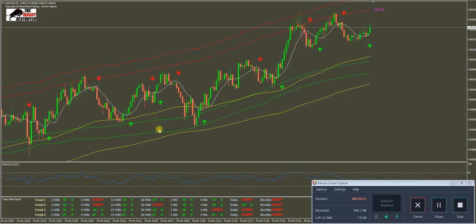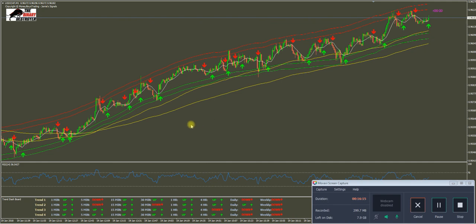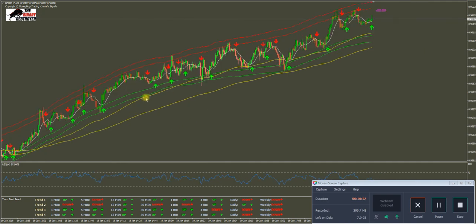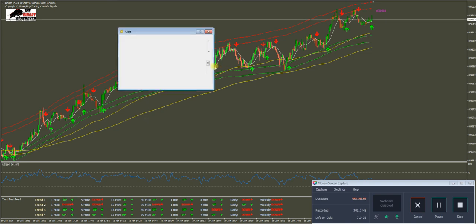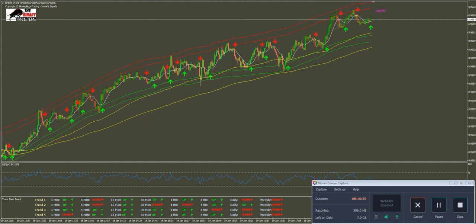Now, a lot of guys always ask me, how do you spot a trend? This is a 100, this is a 200 EMA moving average. If the price is above the moving average, can we see how we're above it? We are in an uptrend.